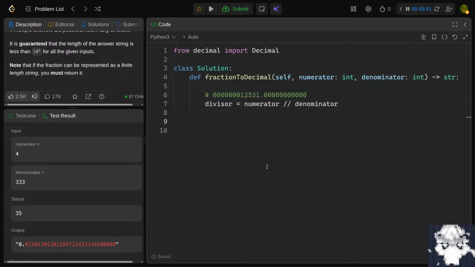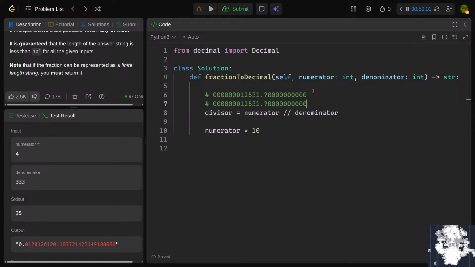If I want one more digit, if I want this digit, then I can do numerator times 10, which would give me this number. Numerator times 10 divided by denominator.